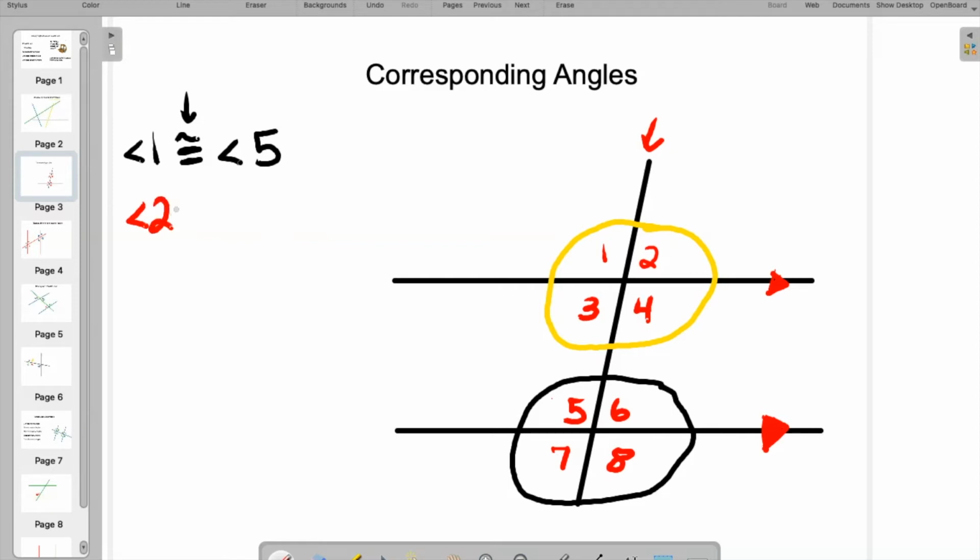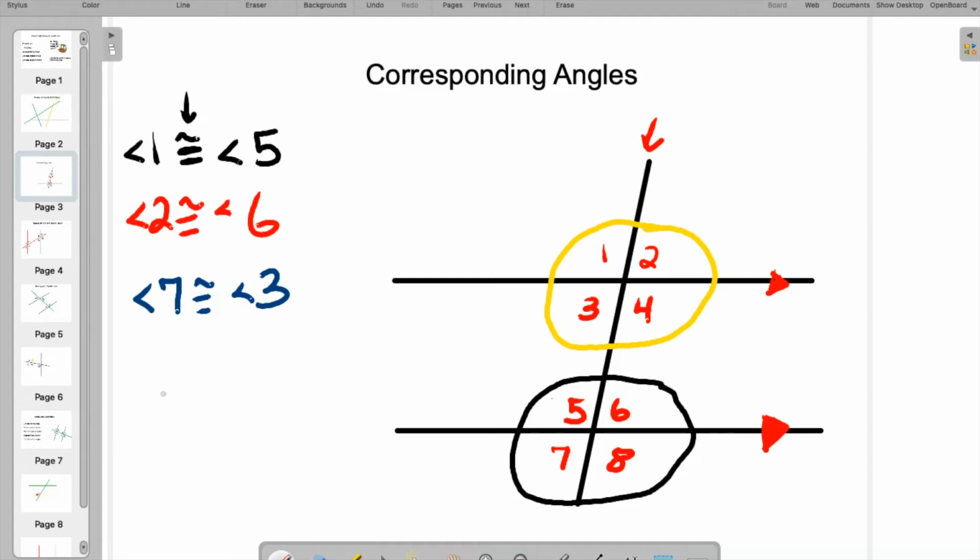However, angles 2 and 6 are also congruent because they are in the top right of these intersection points. No matter what 2 is, 6 has to be the same thing. But also angle 7 is congruent to angle 3 because they're both bottom left.